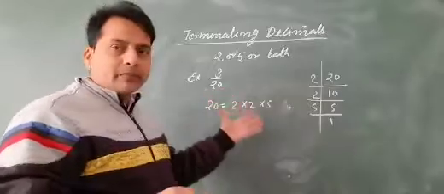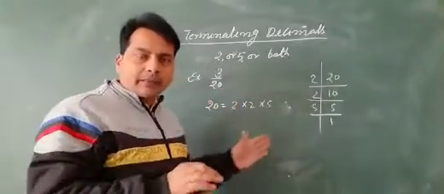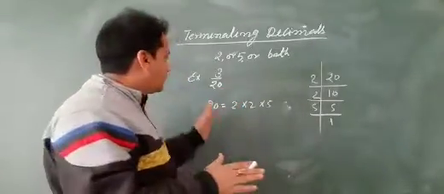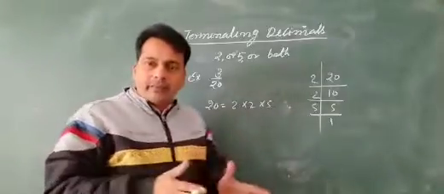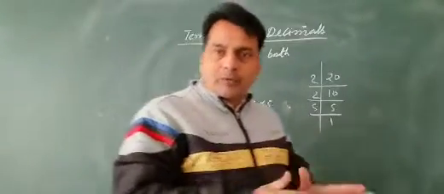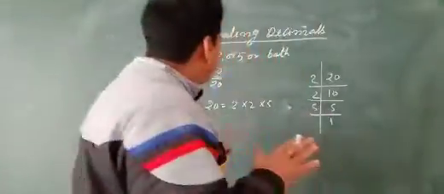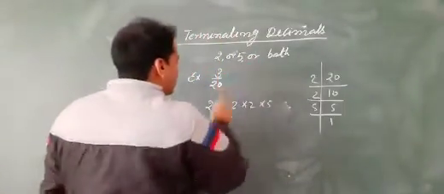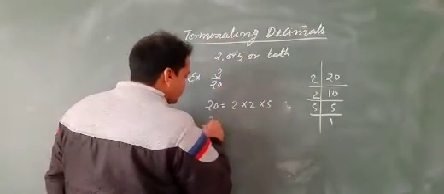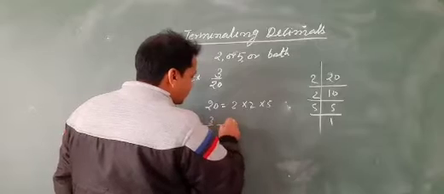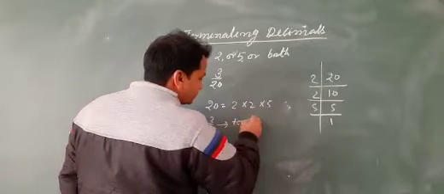According to the rule, if the prime factors of the denominator are only 2 or 5 or both, it is called a terminating decimal. So it is clear that 3 by 20 is a terminating decimal.